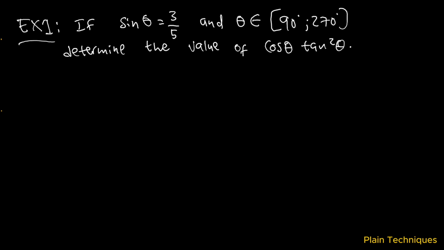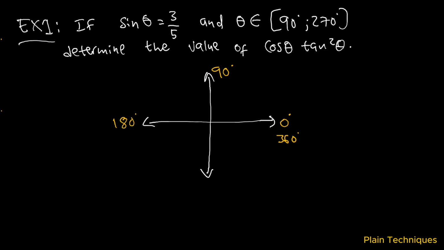The first thing when you're given a question like that is you need to draw your Cartesian plane. This is my Cartesian plane, and these are my angles: 0, 360 degrees, 90 degrees, 180 degrees, 270 degrees.